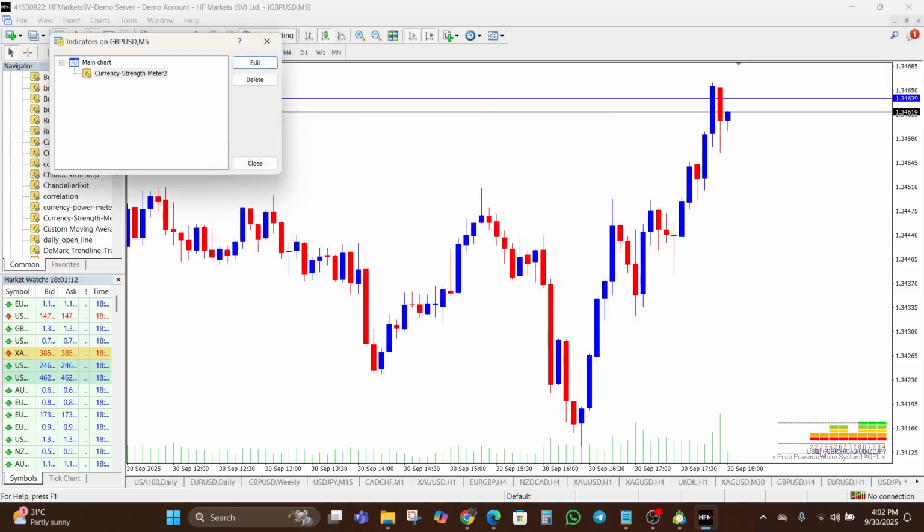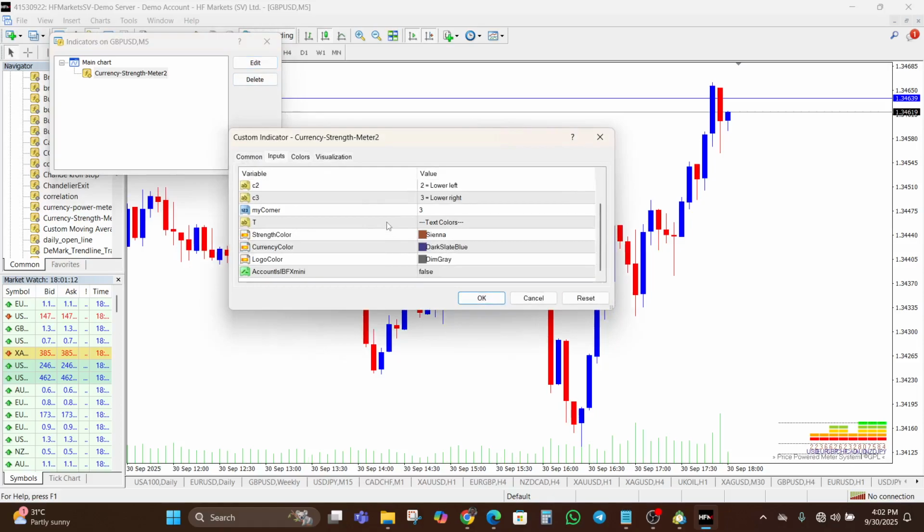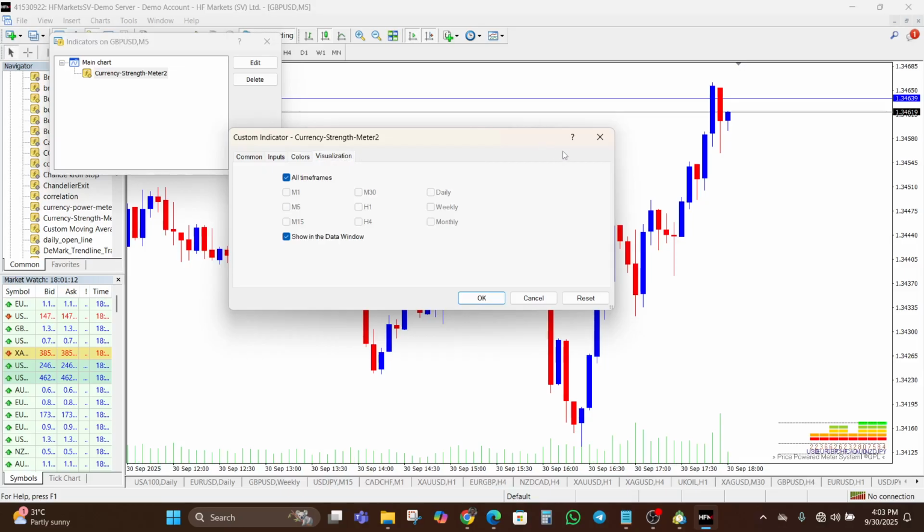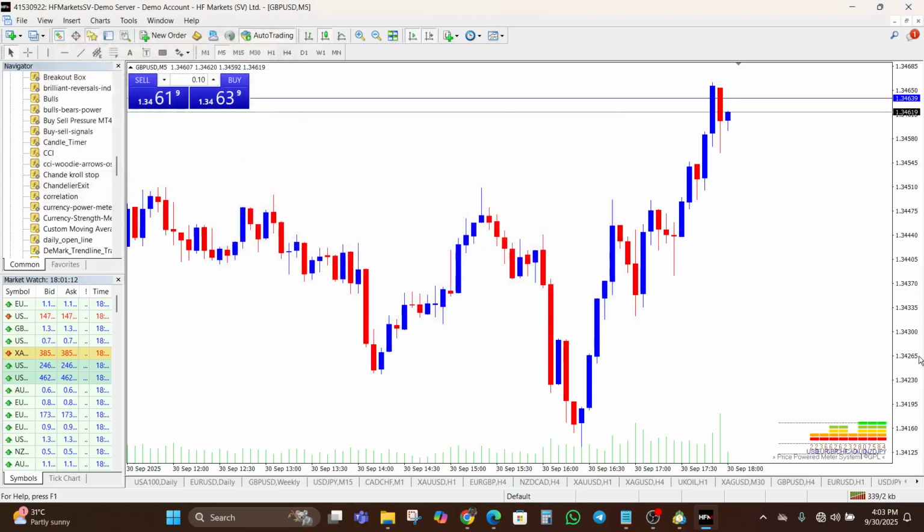Okay, so basically you look at the strength of each of those currencies, and once you have done that, you want to trade the weak currency against the strong currency.